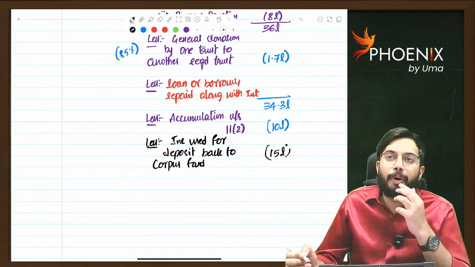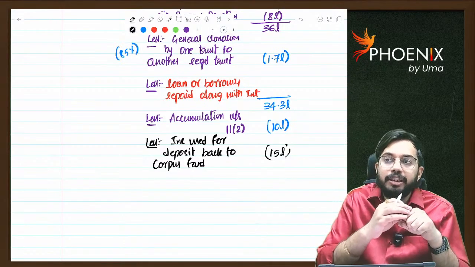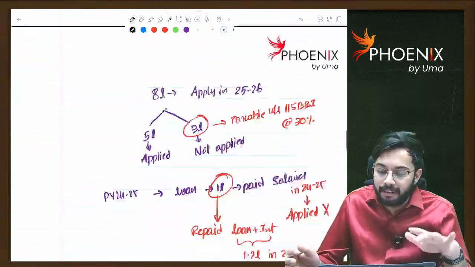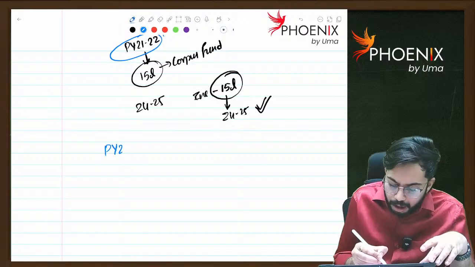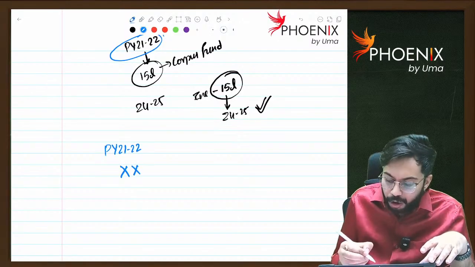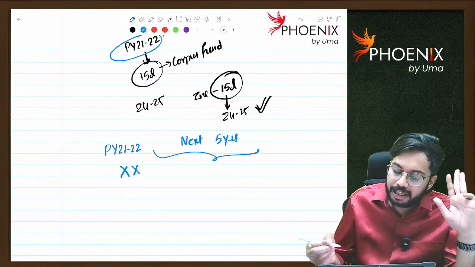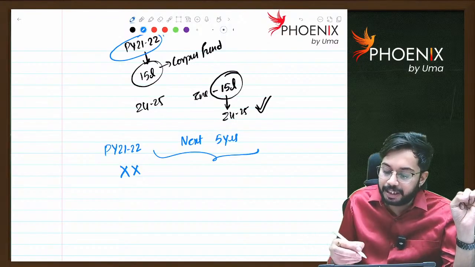Here there is one important point. I took money from corpus fund and spent this amount for salaries. I took out the money in 21-22. So previous year 21-22, ignore. Next 5 years means 22-23, 23-24, 24-25, 25-26, 26-27.